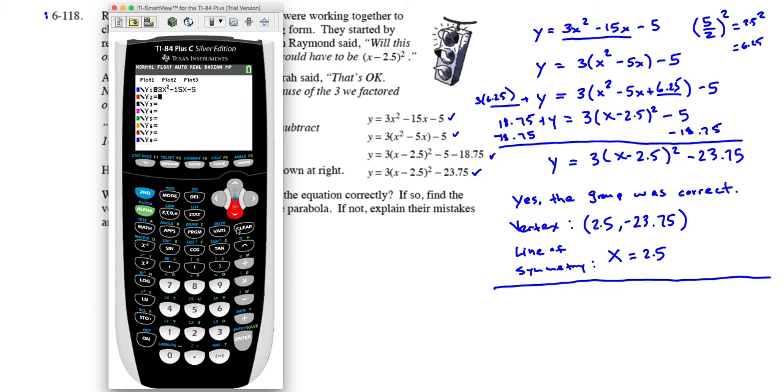And let's graph the second one: y equals 3 times the quantity of x minus 2.5. Make sure you close your parentheses, square it, and then subtract 23.75.